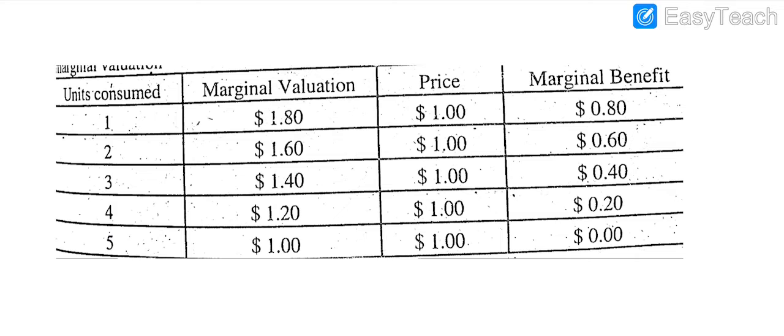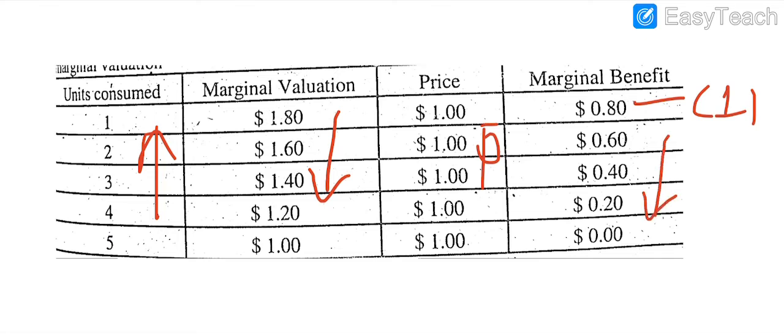Here you can see that as the price is going to fall, marginal valuation is going to fall, and quantity is going to increase, and this is the marginal benefit which we obtain from the first unit and so on. So marginal benefit is also going to decrease.